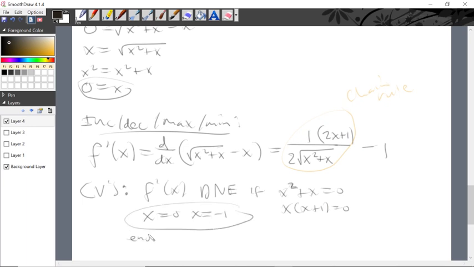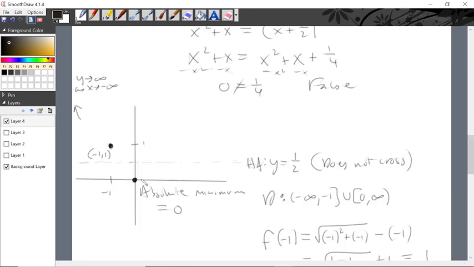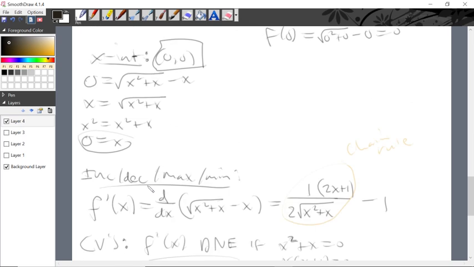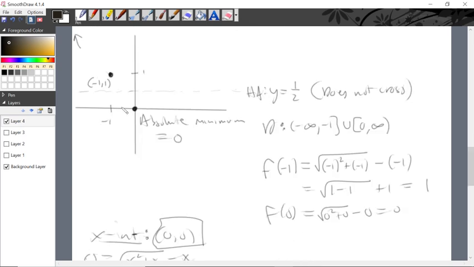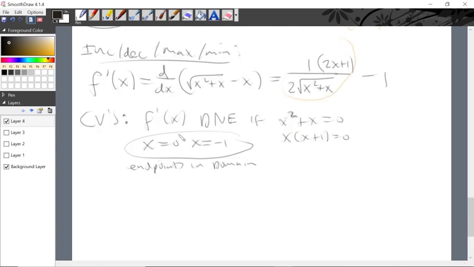But those were closed endpoints in our domain. We already know what happens at those points. They are endpoints, and we've already included them on our graph. We're not going to test between them. We're going to test to the left of this one and to the right of this one. So that's important to consider.